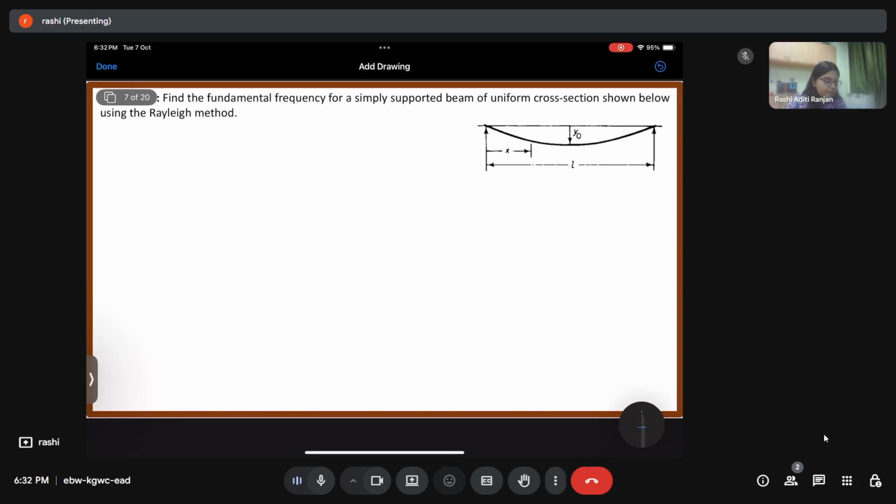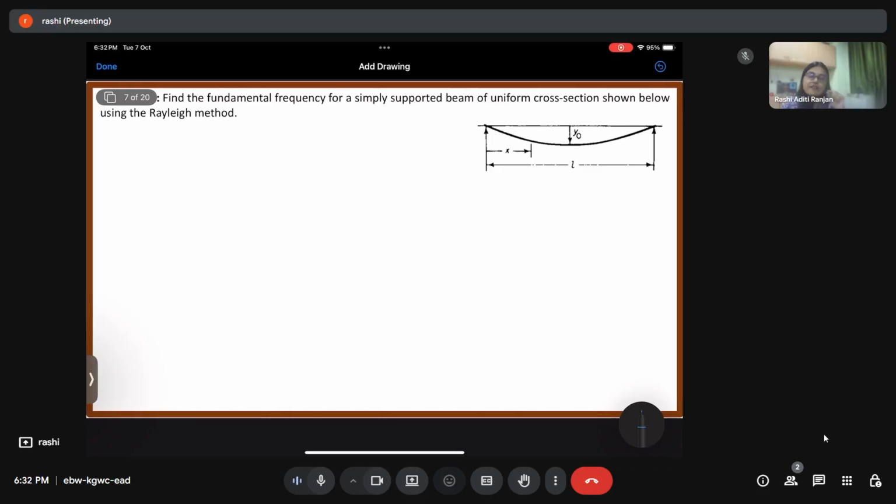Now, for a continuous system, we always take a very small part, get the energy for that small part, and then integrate over the whole length span to get the total energy.